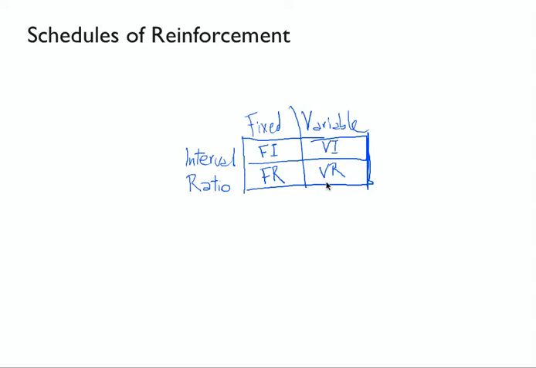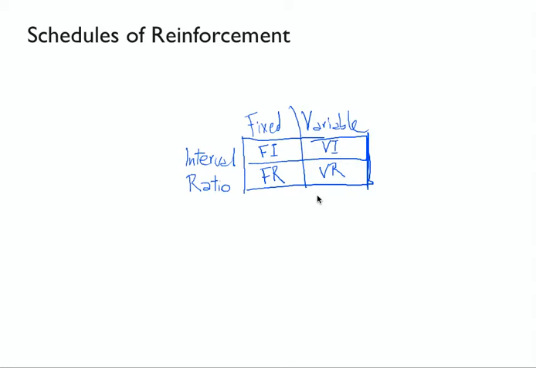A variable ratio schedule is when you don't have to complete a fixed number of responses to obtain reinforcement, but rather the number of responses varies from trial to trial. So think about, for instance, a slot machine. That's a typical example of a variable ratio schedule. Every time you make a response, you have to complete a number of responses to win a reward, to get some money back, to win a prize, right?